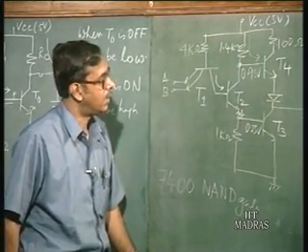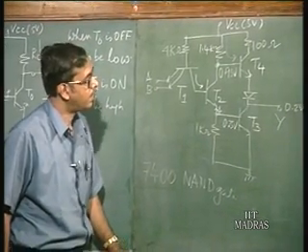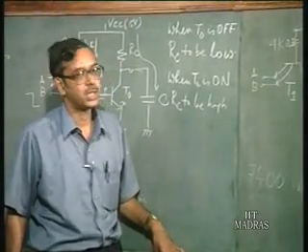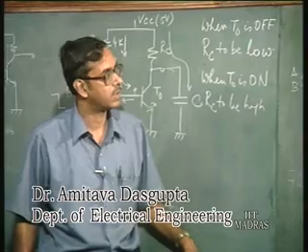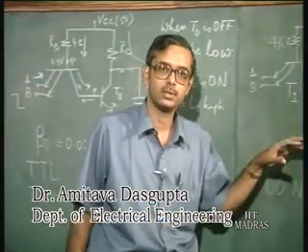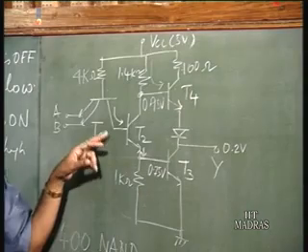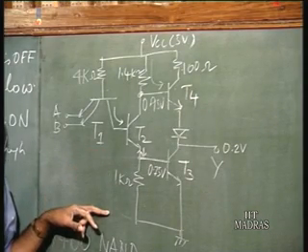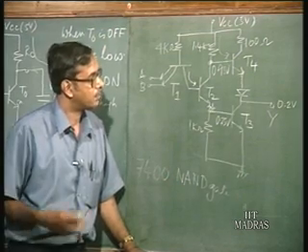Maybe we shall take it up in the next class because we don't have sufficient time in this class. That is, what is the nature of the input output characteristics. We shall study that, and then we shall look into further modifications.